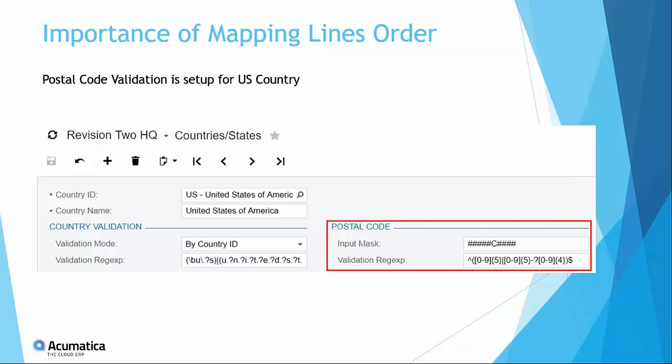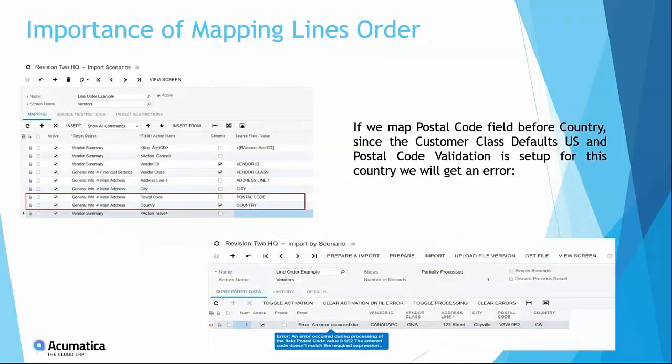Now the validation matches, and we can continue and save the record. But for the import scenario, when we get this error, it will not continue. It will show you the error and stop the process. So it is important to follow the same order as if you were manually creating the record in the import scenario mapping lines. Okay?